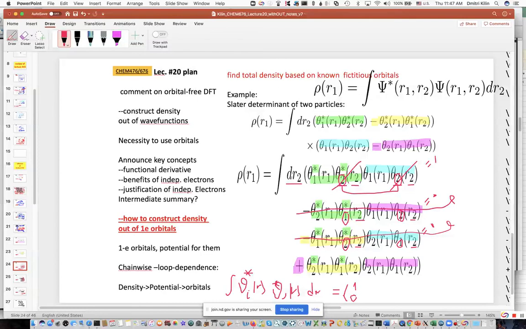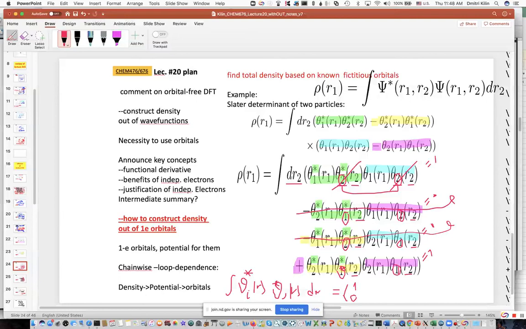And in the last term, we have R2 and R2, and the indices are the same, 1 and 1 here, which means the integration will be equal to 1.